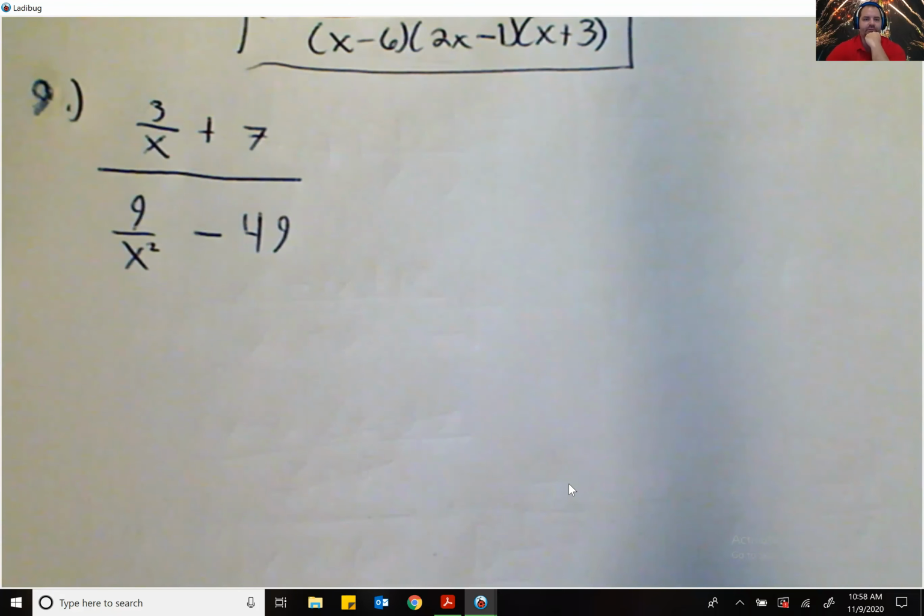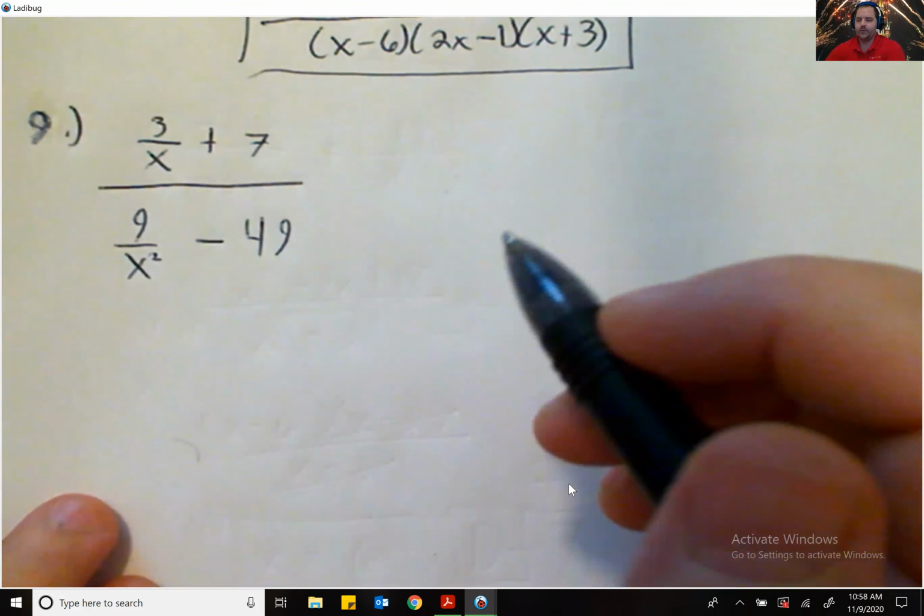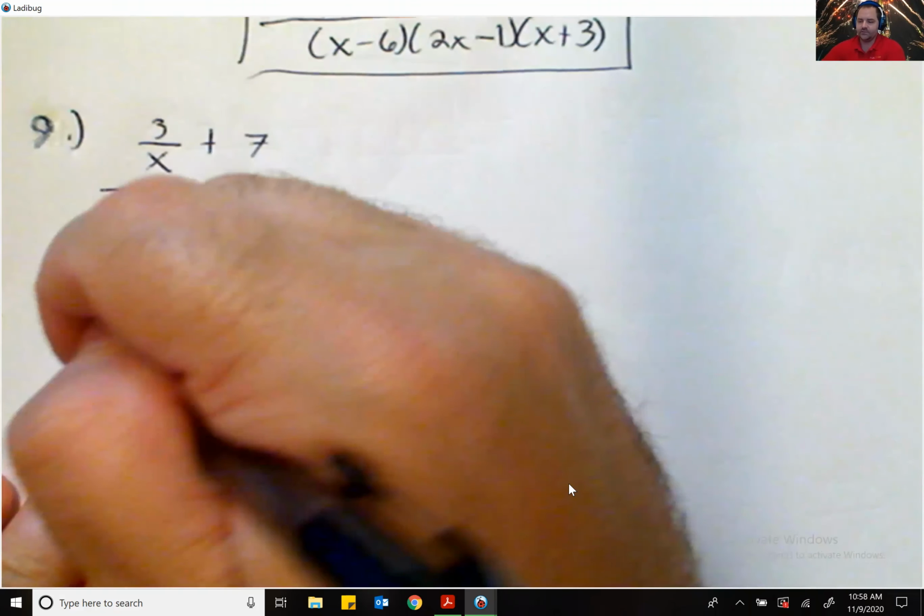Are we going to factorize? No factoring, not yet. Find the LCD. Find that LCD, because remember, we're going to clear the fraction. That's the goal of simplifying complex fractions. We want to clear the fraction, okay? So that means we need the LCD.